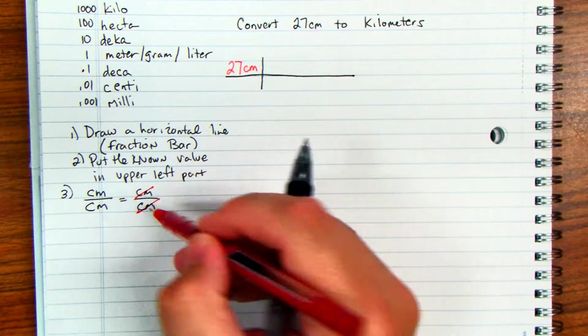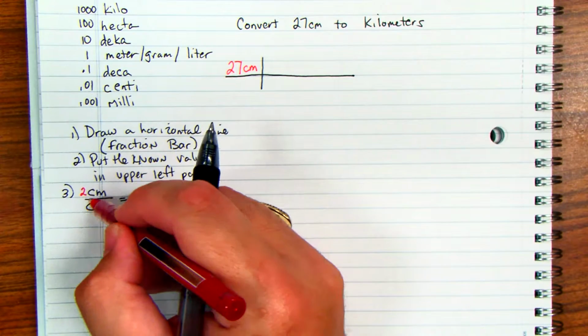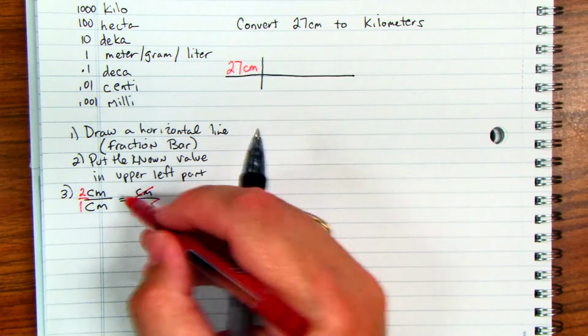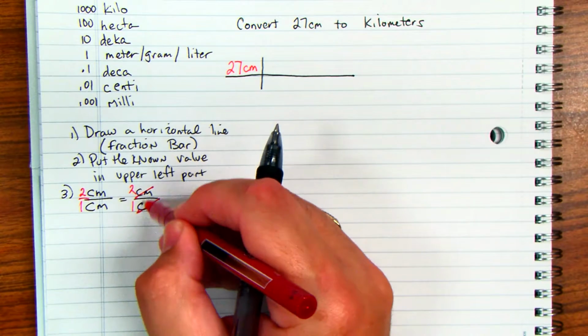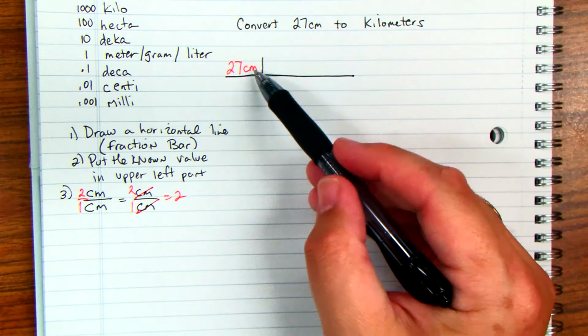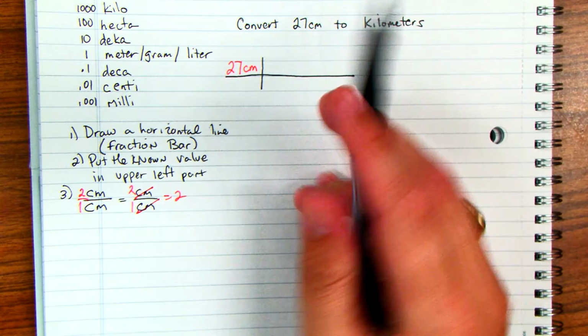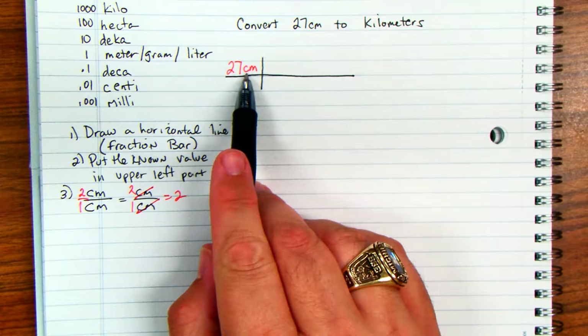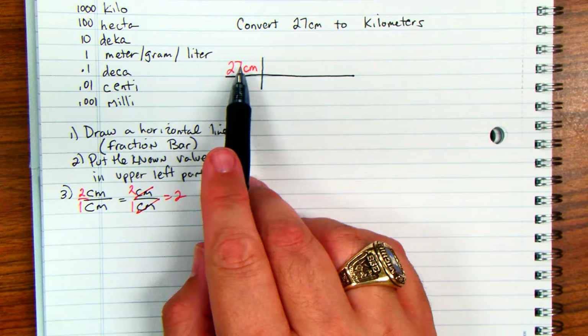Say if you had 2 centimeters divided by 1 centimeter, the centimeters divide out. You're left with 2. And you actually can divide out units. So if you have kilometers and kilometers, you can divide them out as long as one is in the numerator and one's in the denominator. So right now we have centimeters in the numerator, and we're trying to get to kilometers.